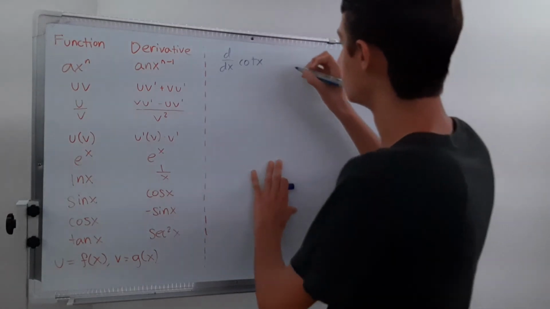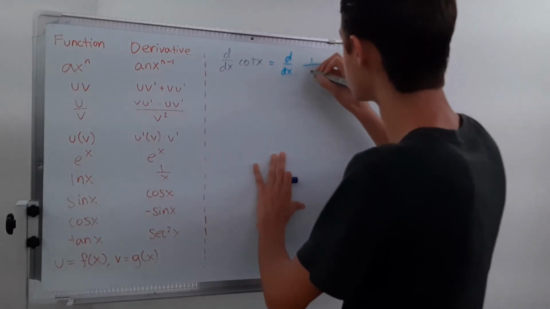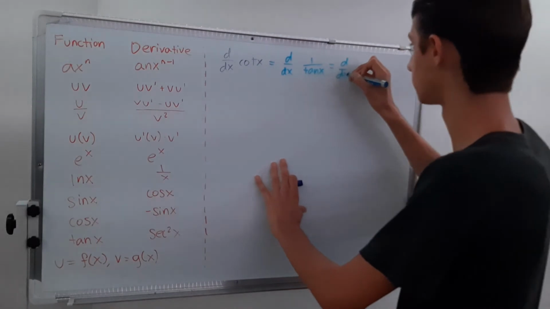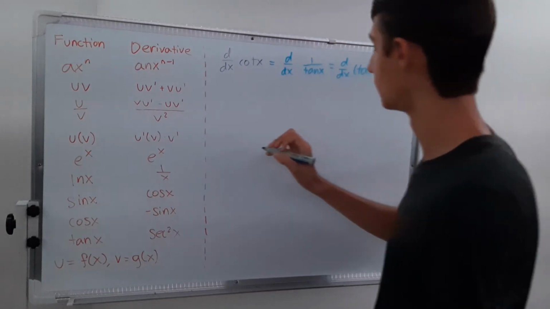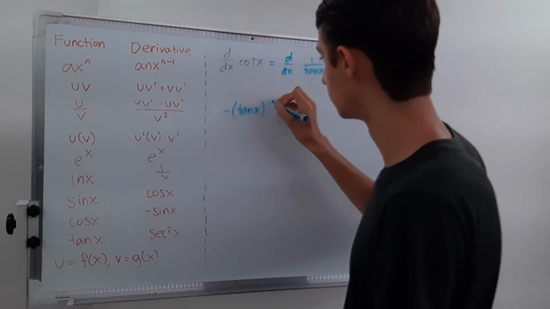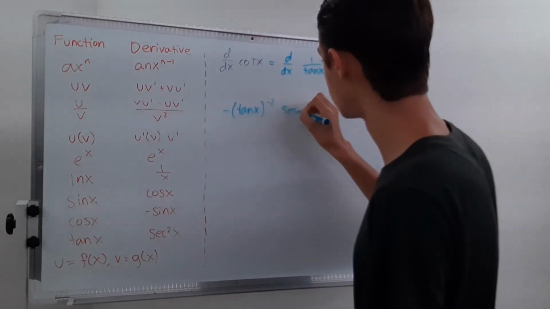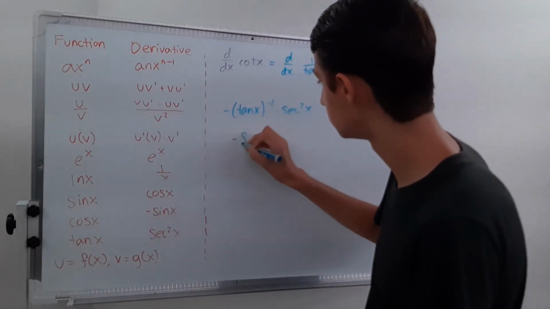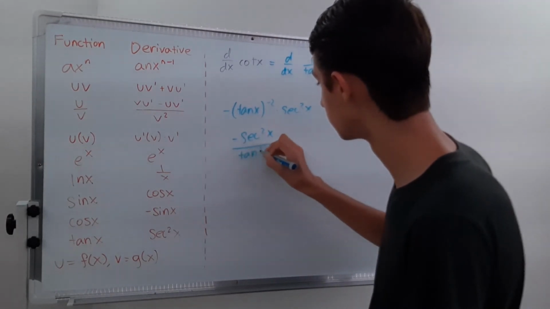So this is simply just equal to d/dx of 1 over tan x, and that's just equal to d/dx of tan x to the negative 1, and basically, so that's going to be negative tan x to the negative 2 times derivative of tangent of x is secant squared of x, and this is equal to negative secant squared over tangent squared x.